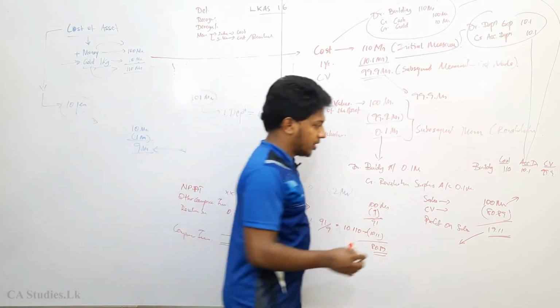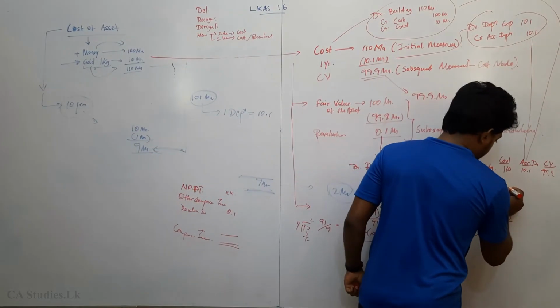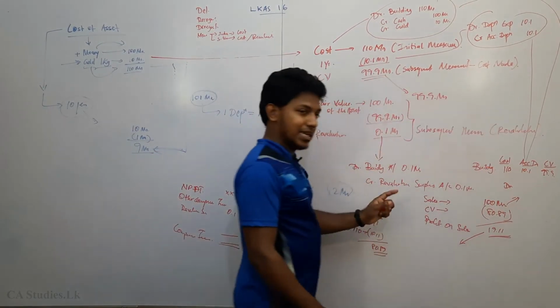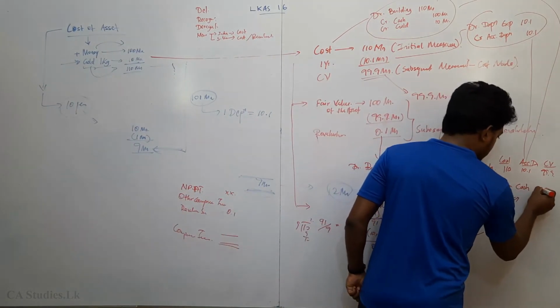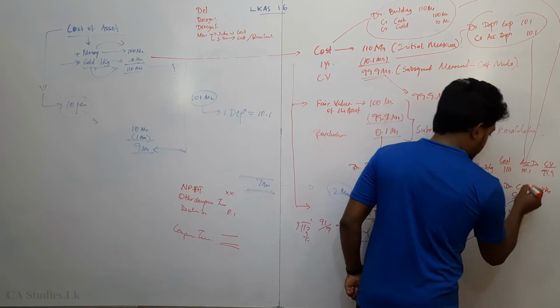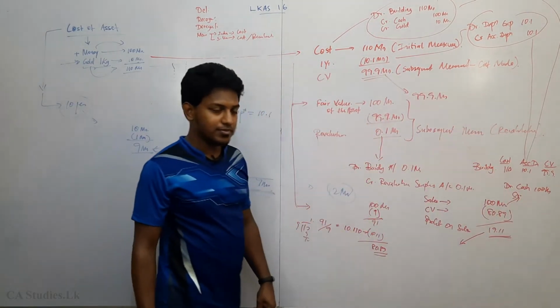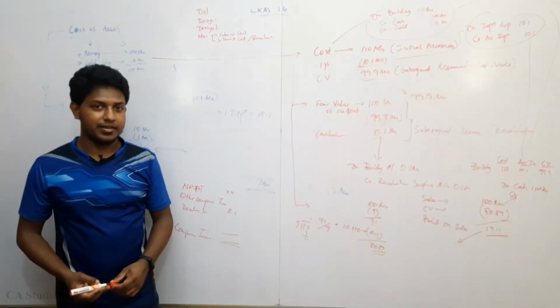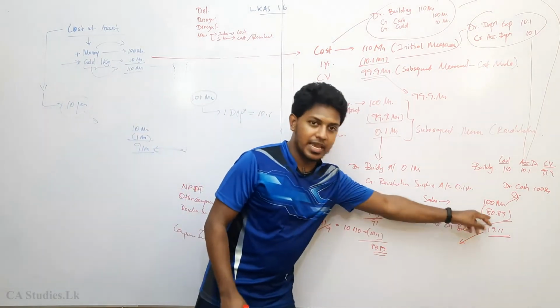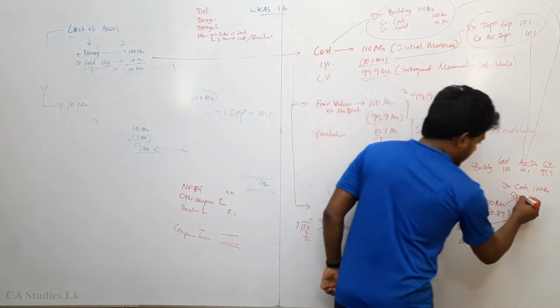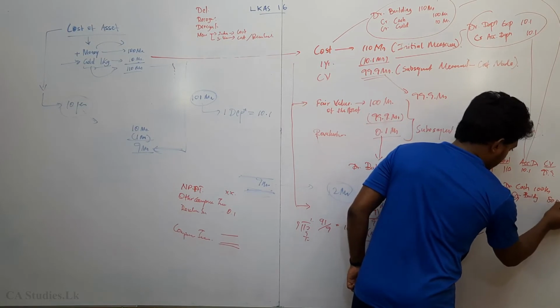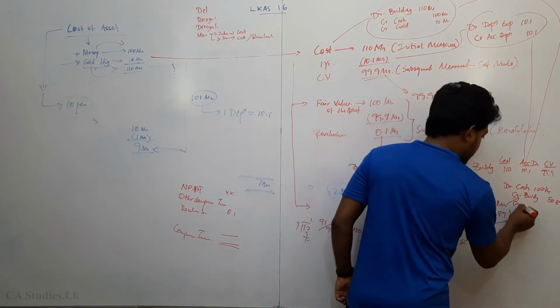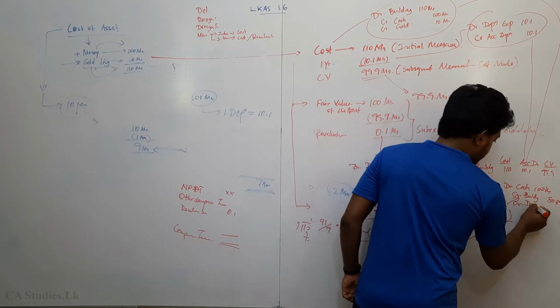We are receiving the money, not a receivable, so cash 100 million we receive. Credit how much? Credit 80.89 million building.